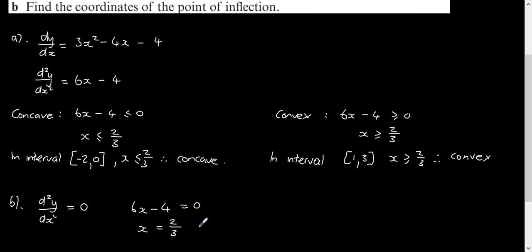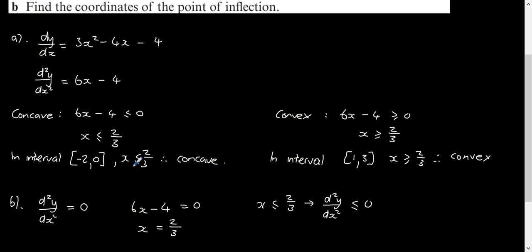That relationship doesn't work backwards. So what we've got to show in order to prove that this is a point of inflection is that for x less than or equal to 2/3, d squared y over dx squared is less than or equal to 0. Okay? Now we've already done that.